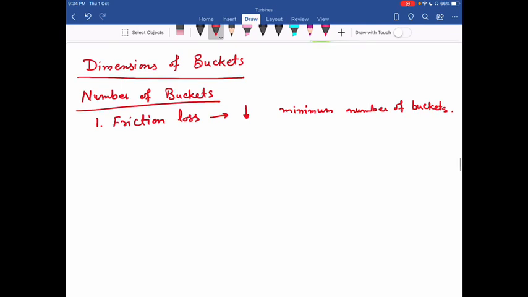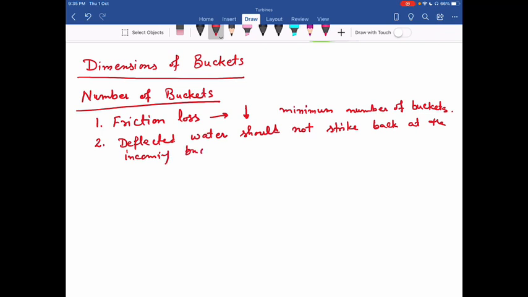Another deciding factor for the number of buckets is the deflected water. When the jet strikes the bucket, the water is deflected. So that deflected water should not strike back at the incoming bucket.